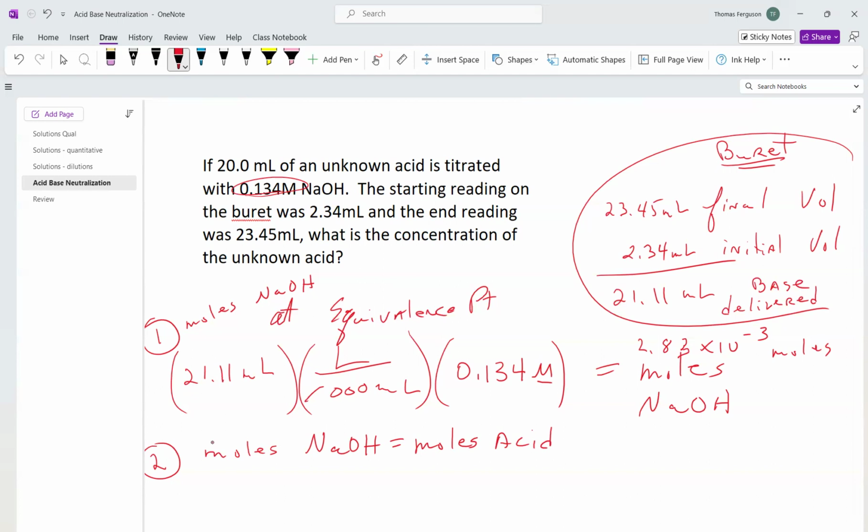So now we know the moles of acid. Okay. And to get the concentration, we need moles and we need volume. Volume of the acid is 20 milliliters. Need to convert that to liters. So now we know.